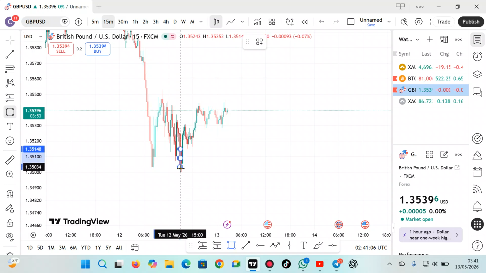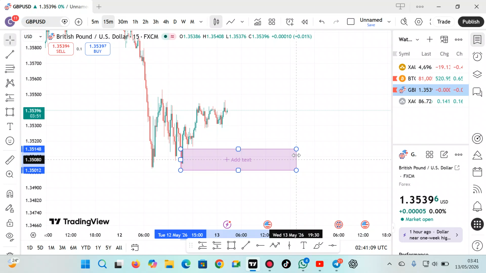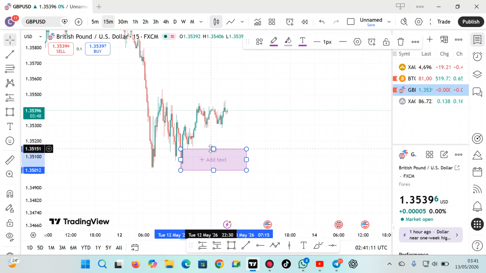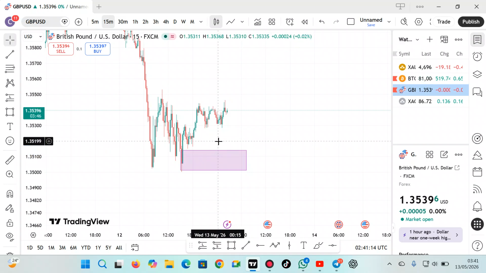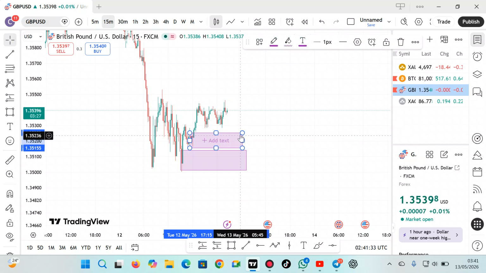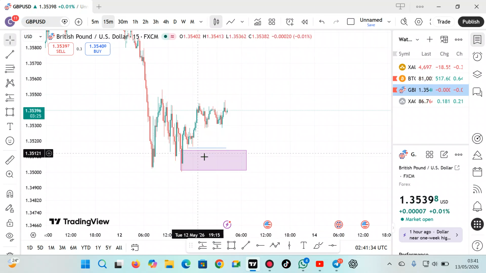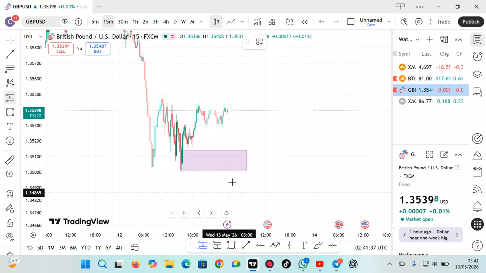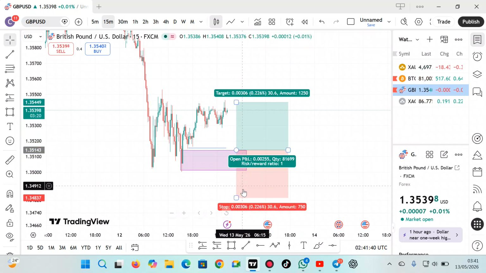This is my OB, and we have another OB around this zone. It starts from here to this zone. Let me mark it out for you. This is another OB, so this OB is going to serve as a protection to this one. That's where I push my long position.